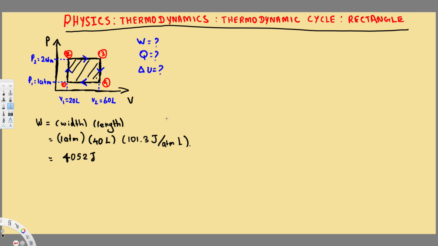So let's see how we can calculate this in a different way without using this area. To find the total work, we can do another thing. The total work is going to be the addition of each process. This is one process, 1 to 2, 2 to 3 another process, 3 to 4 another process, and 4 to 1 the complete process.